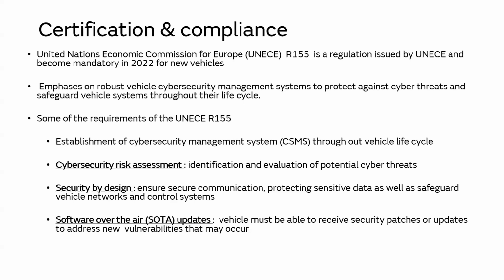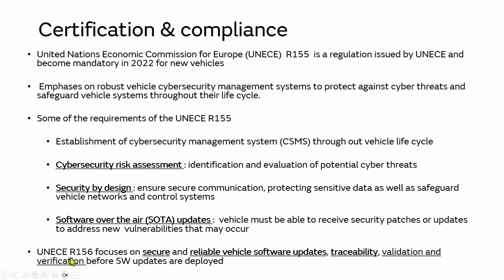By the time we release the software, that malware may not be known. If we come to understand that new malware has appeared, we need a mechanism in place to update through the air, over the air.